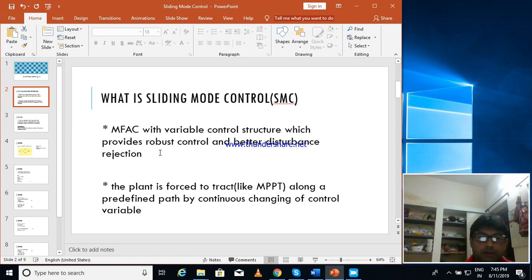Because when you want very tight control over the output parameters of a plant, definitely you should have feedback and there should be one controller. But conventionally, very often we use PID or PI.